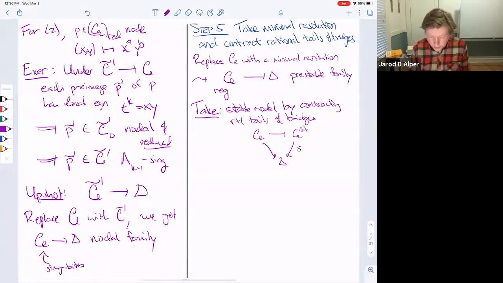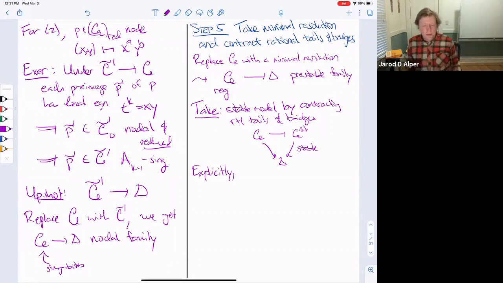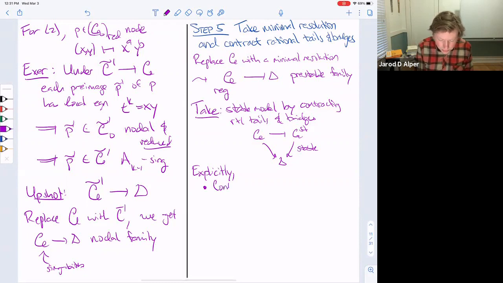And now this is a stable family. Since we've taken C to be regular here, you can explicitly see this process. You don't need the full power of the contraction of rational tails and bridges. We're just working with a family of curves over a curve, so we can use surface theory. And explicitly, you could view this in 2 steps. The first thing you do is contract rational tails.